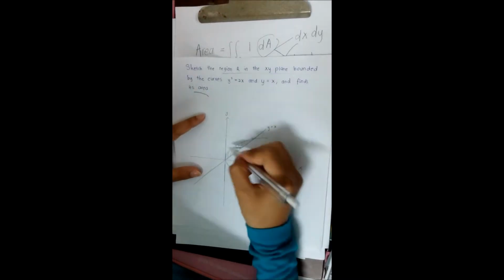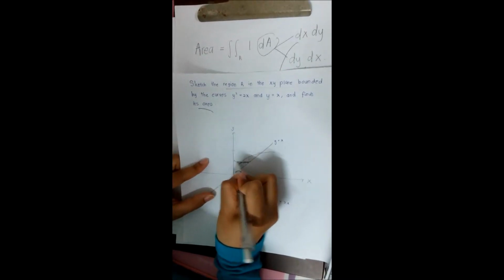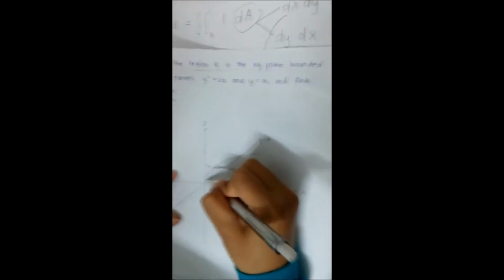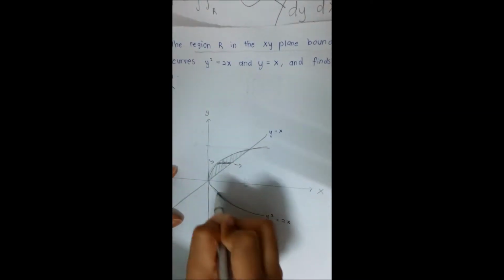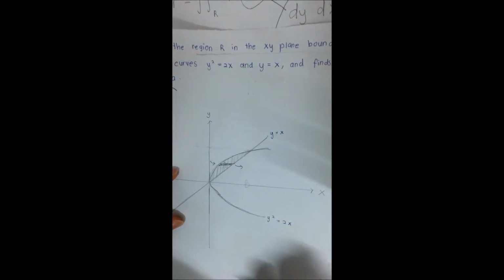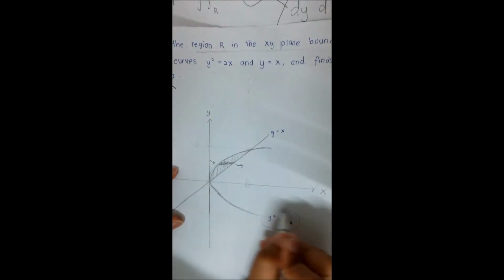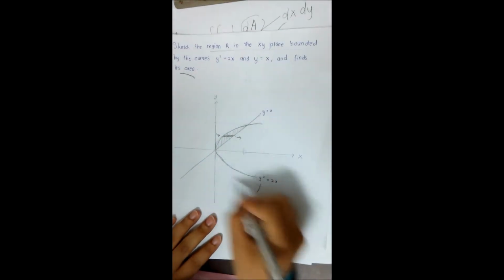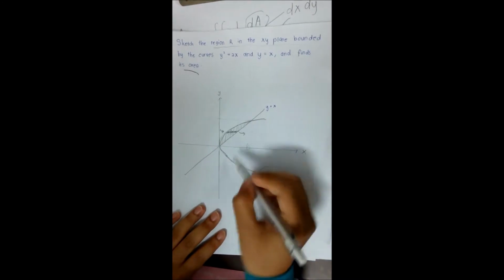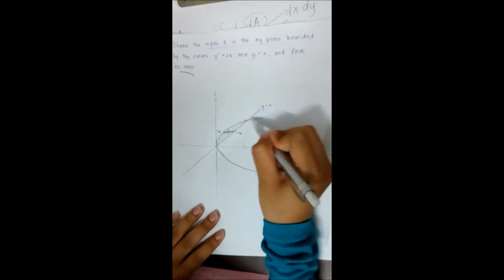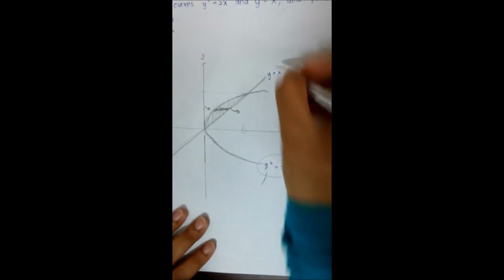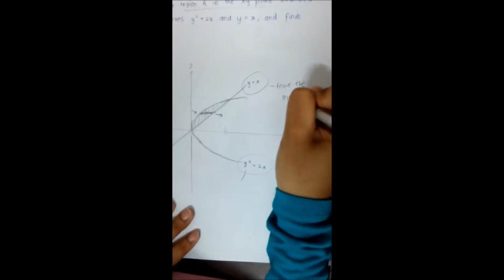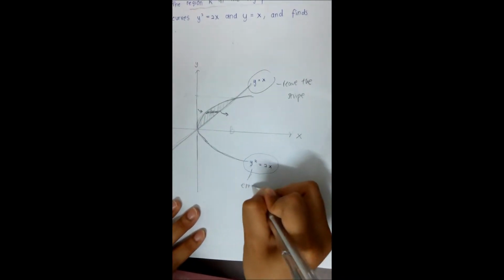We have to find the entering stripe and the leaving stripe. The entering stripe is this function, y squared equals 2x, and the leaving stripe is this function, y equals x.